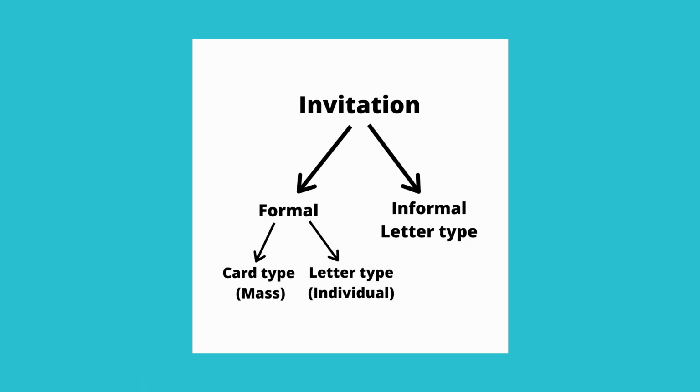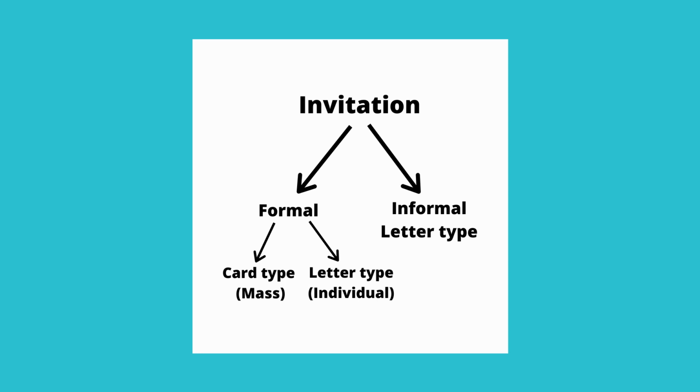Now, the formal invitation is divided into two: the card type or the letter type. The card type invitation is written basically when you want to invite a larger mass of people.